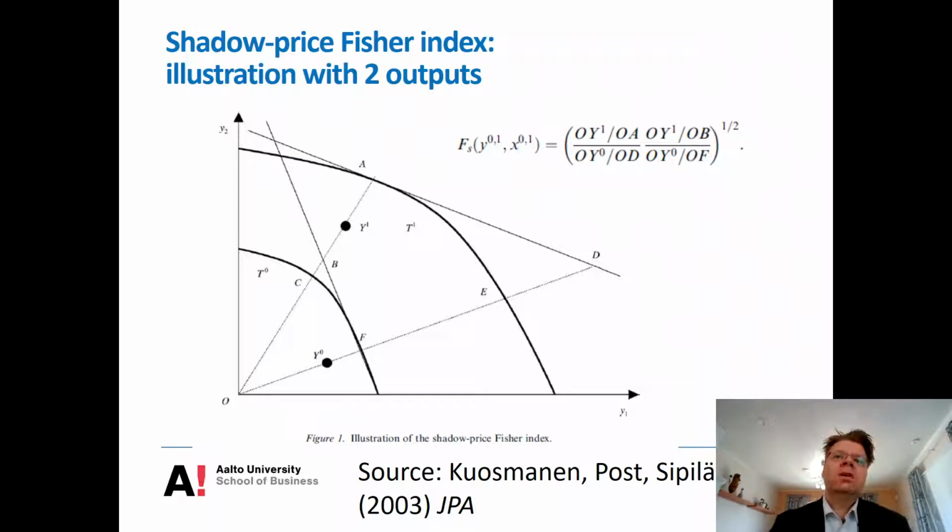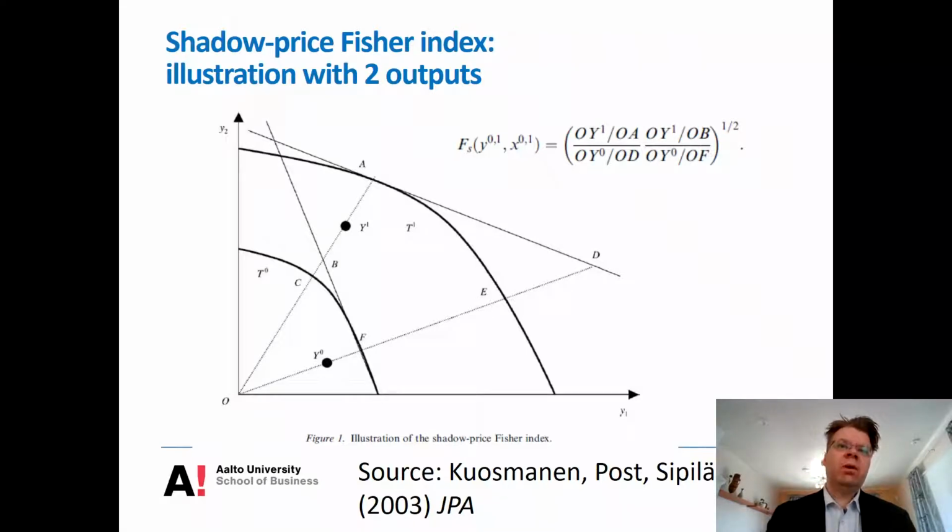Then we could also take the prices of the base period as the reference, as in the Laspeyres index. So we could also have the distance from the target period output, so output 1, to this iso revenue line of the base period.